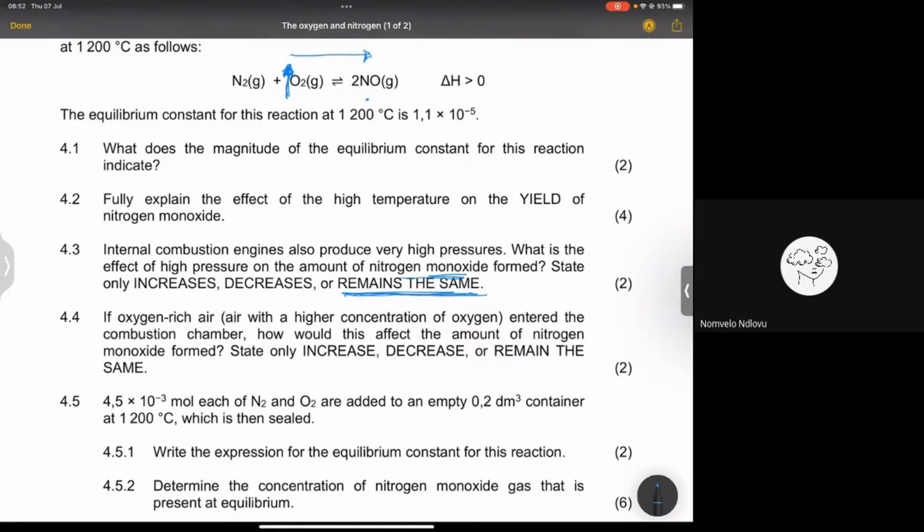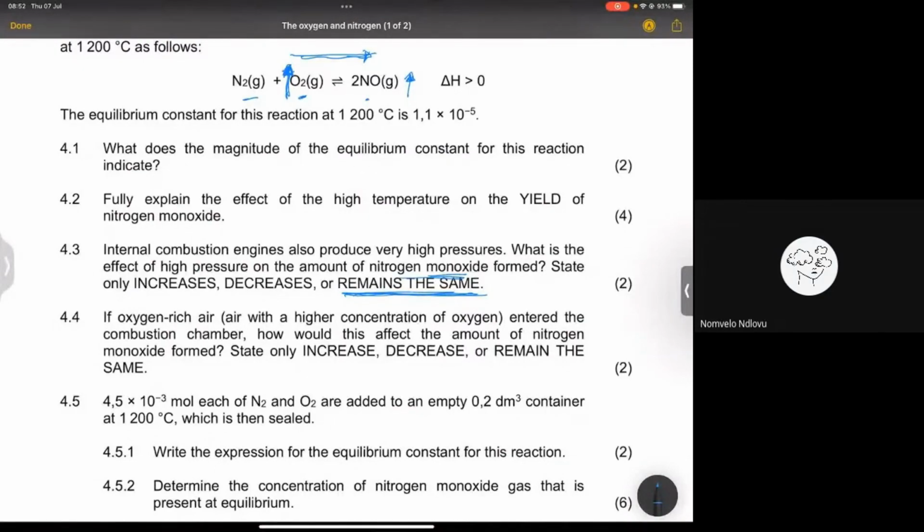Okay, so an increase in the reactants will favor the forward reaction. Why? Because we now have to use up those reactants that have been introduced. So as a result, when we favor the forward reaction, it means that we are going to now form more nitrogen monoxide.